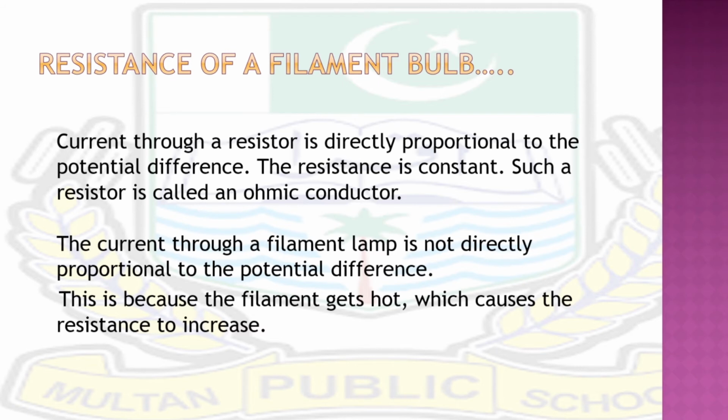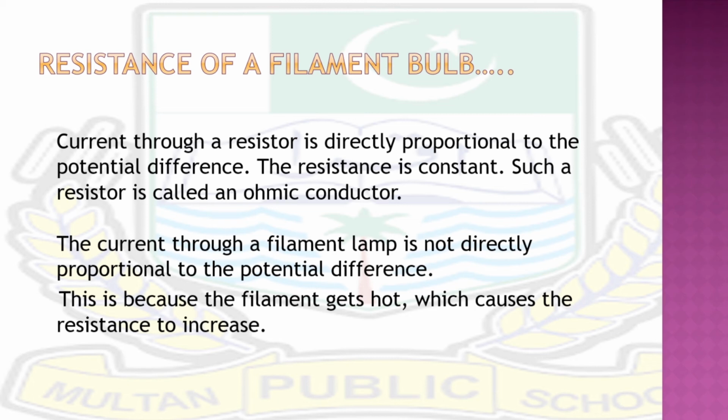Now we have to see the resistance of a filament bulb. Students, the current through a resistor is directly proportional to the potential difference, and the resistance is constant. Such a resistor is called an ohmic conductor. But the current through a filament lamp is not directly proportional to the potential difference.